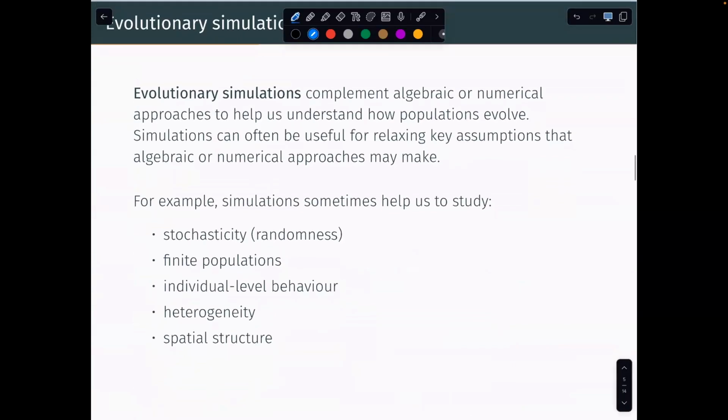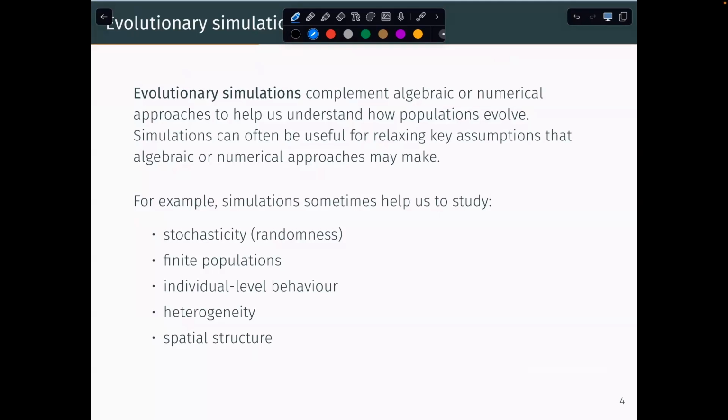So I just said this, in the reasons why we might want to do evolutionary simulations, they can complement any sort of other analysis we might do, whether that's algebraic or whether it's numerical. Often in my research, there's a certain amount that you can do algebraically. For example, one can often derive things like selection gradients. You can write down your invasion fitness using the next generation method.